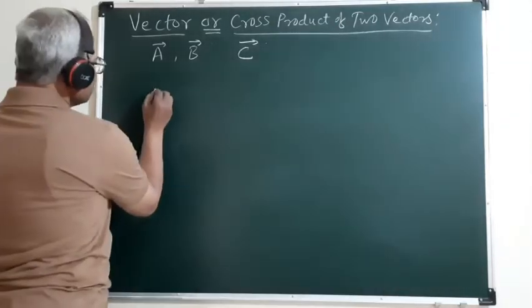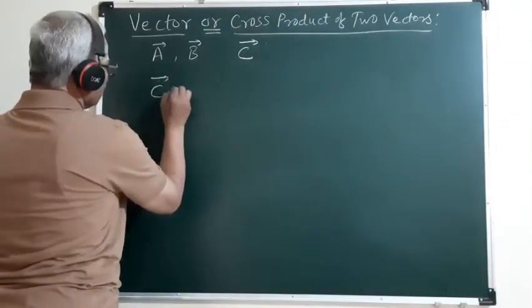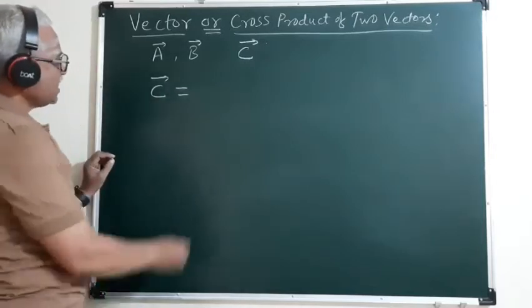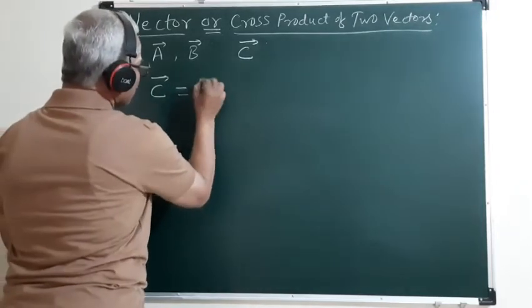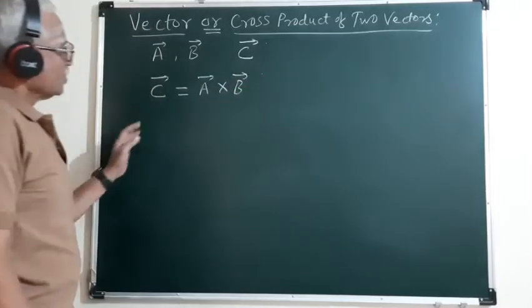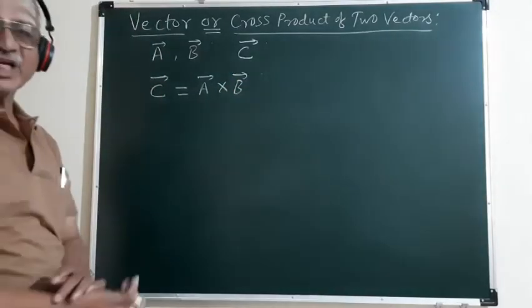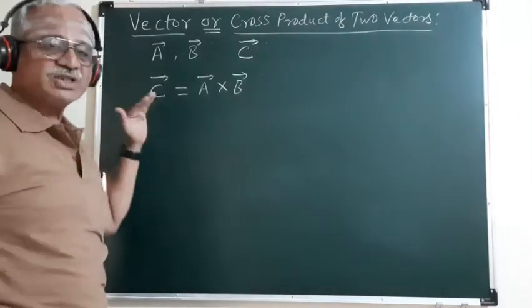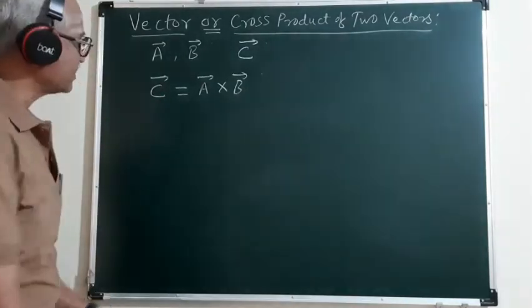Then this resultant is expressed as C bar is equal to A bar cross B bar. So this is how we represent the vector product or the cross product of two vectors.